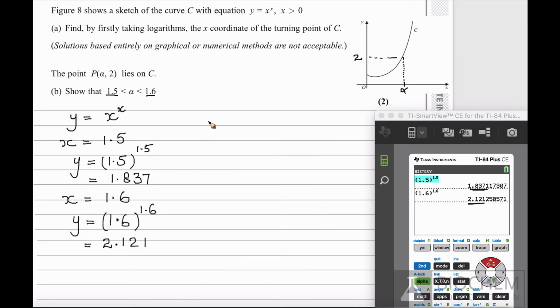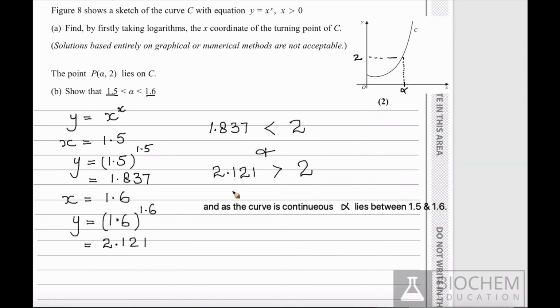So we can say 1.837 is less than 2, and 2.121 is greater than 2. And we can conclude by saying that as the curve C is continuous between 1.6 and 1.5, alpha lies between 1.5 and 1.6.